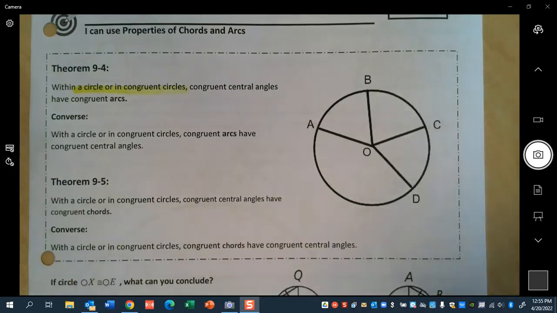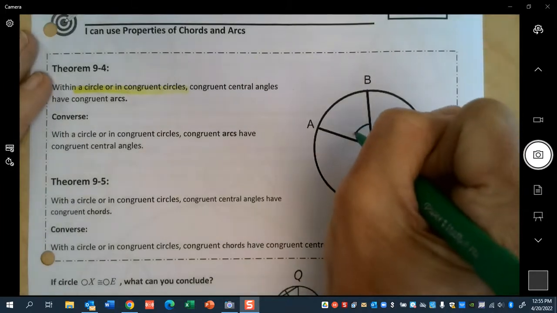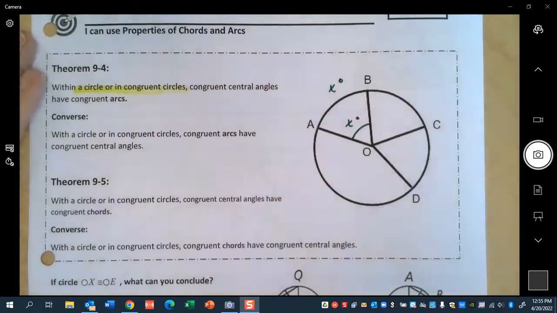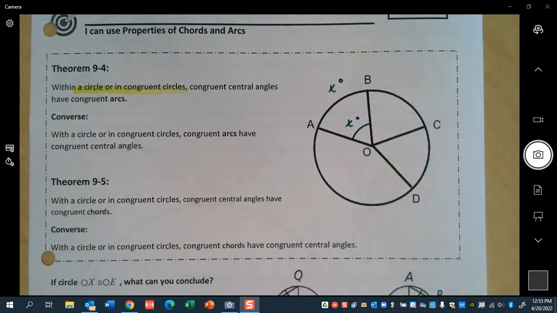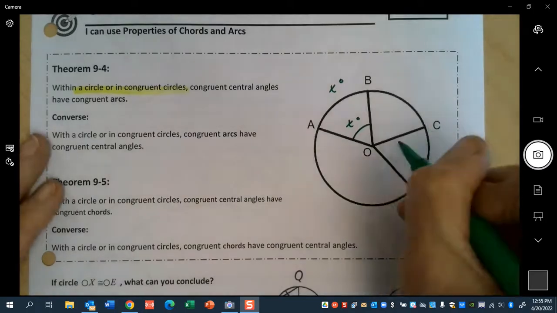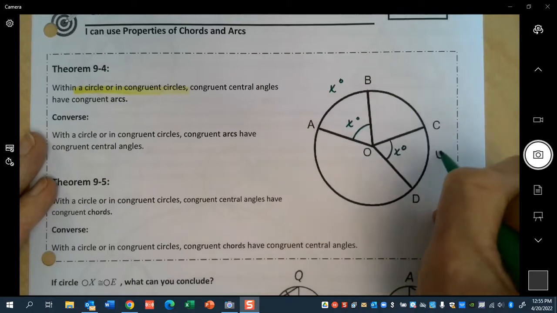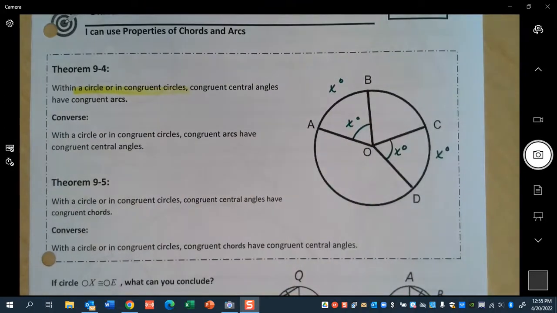If we're talking about angles and arc measures in terms of degrees, the size of the circle does not matter. So whether you have an itsy bitsy circle or you have a huge circle, it doesn't matter. This is going to be X degrees and this is going to be X degrees.